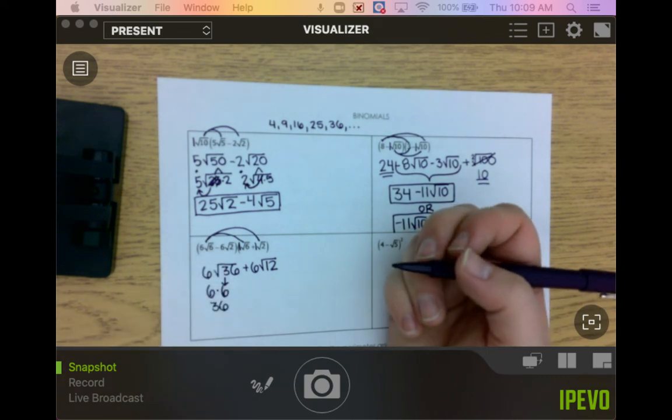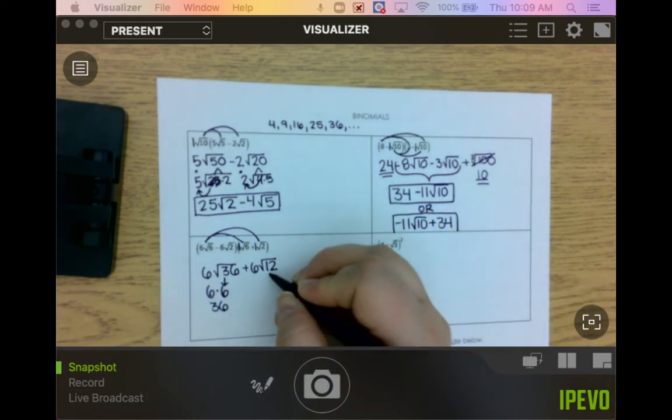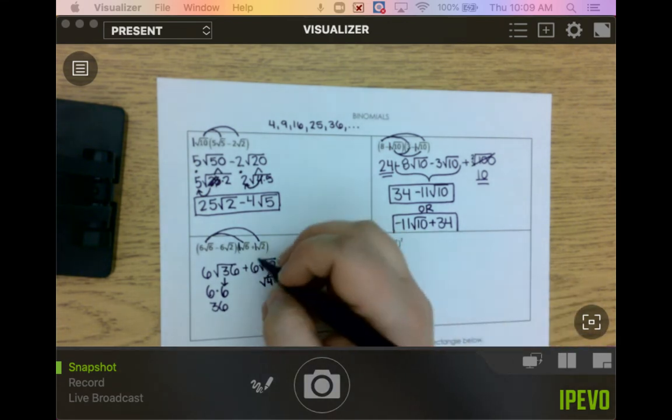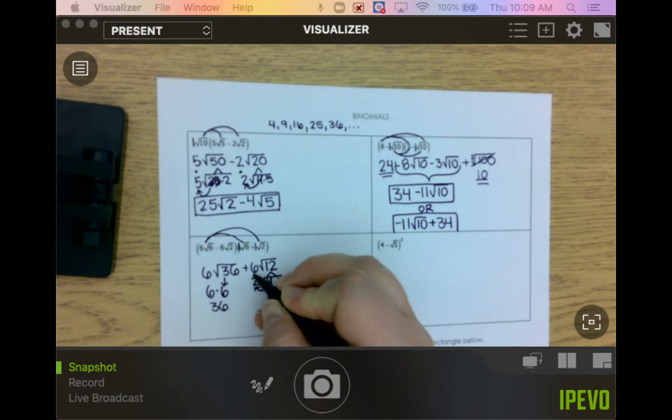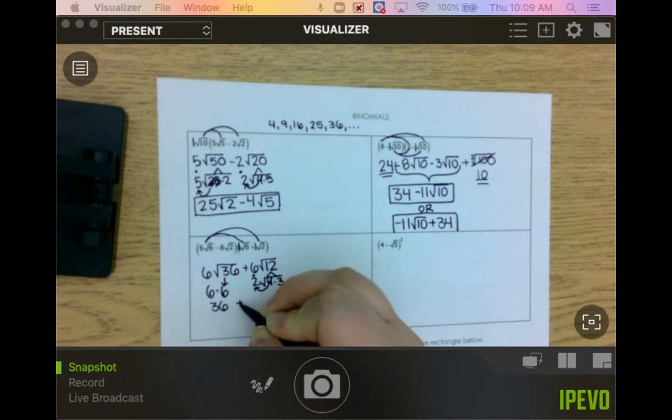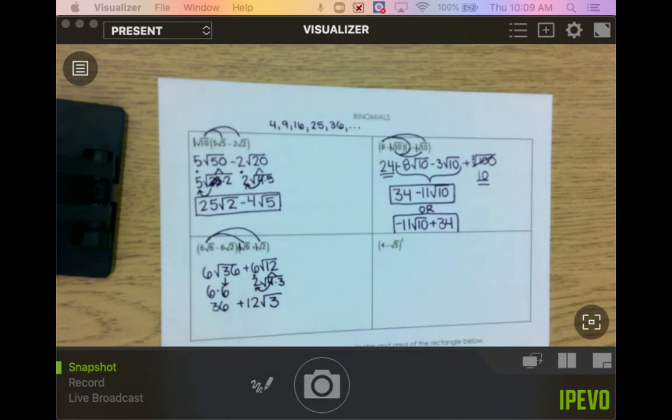Then we need to split up 12 and try and simplify that square root. 12 is 4 times 3. The square root of 4 is 2, so that gets to come outside and multiply by the 6 that's already out there, which makes 12 square roots of 3, because the 3 does not have a square root.